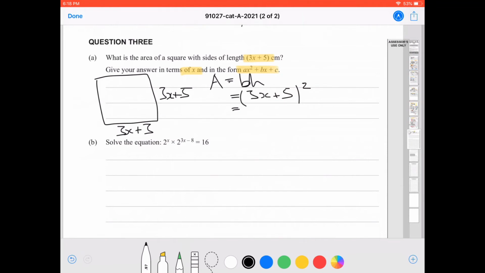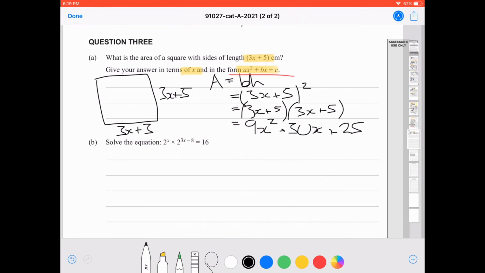So we actually have to expand these brackets, so not 3 but 9x squared. And the b term is actually 2ab if you look at it in binomial form, so 30x, plus 30x, and 5 times 5 is positive 25. Okay, 9x squared plus 30x plus 25.